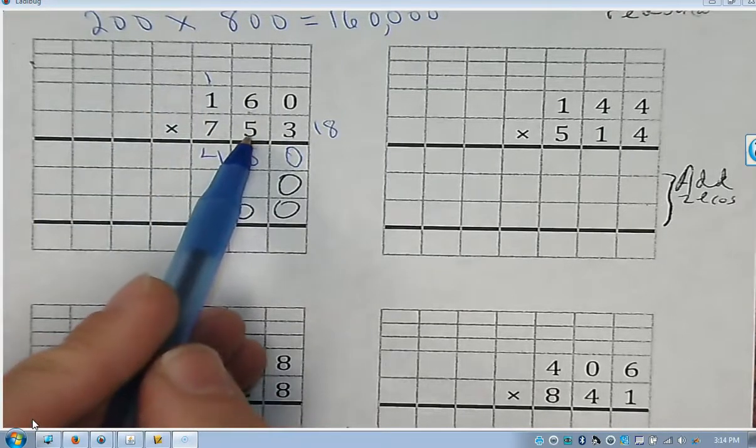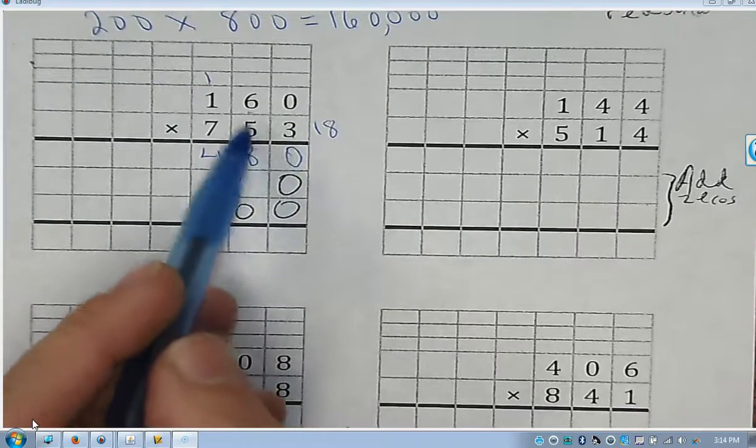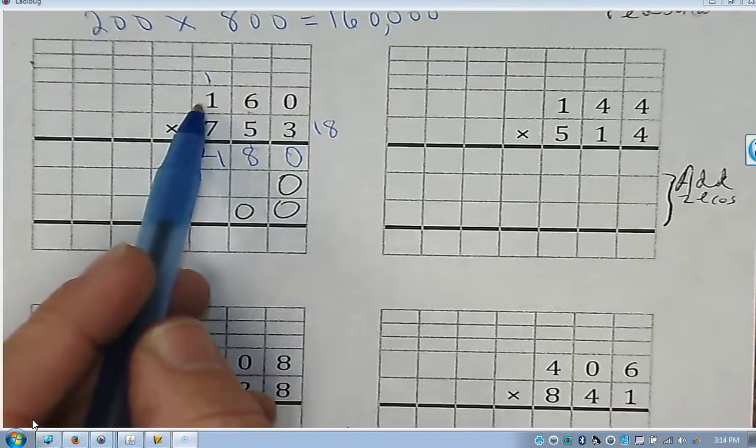Next we're going to do everything with the 5. 5 times 0, 5 times 6, 5 times 1.